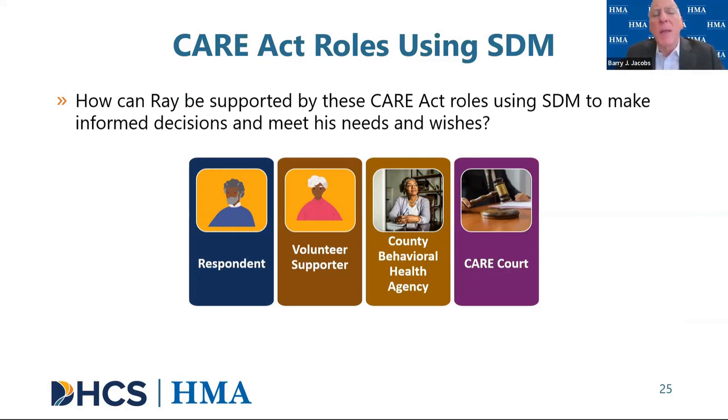We've just mentioned in passing the County Behavioral Health Agency's role in doing that initial evaluation and making some initial recommendations for the care agreement. And then the court obviously has an enormously important role to play in this. So let's just spend a moment unpacking those a little bit more. Next slide, please.